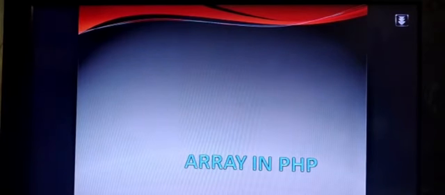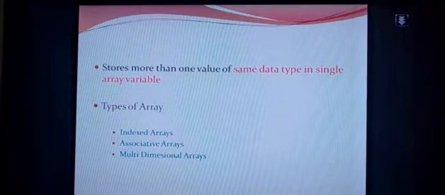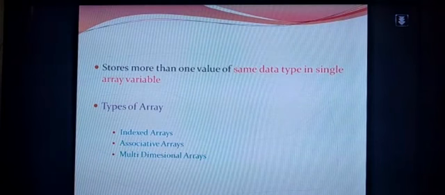What is called an array? It can store more than one value of the same data type in a single array variable. It is called an array.